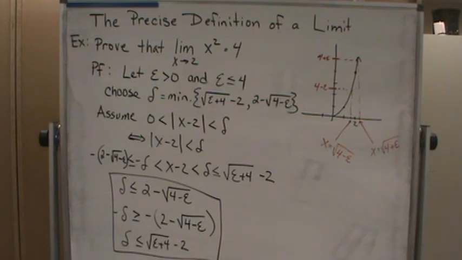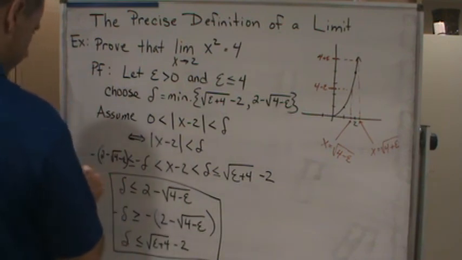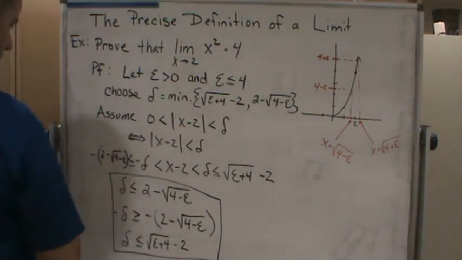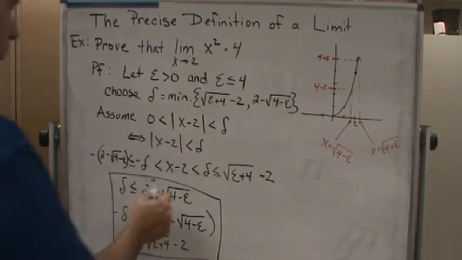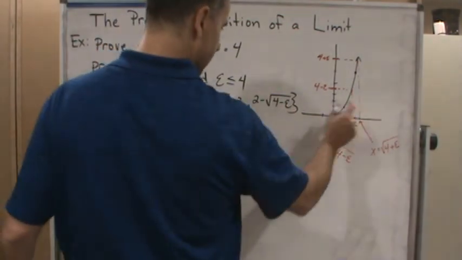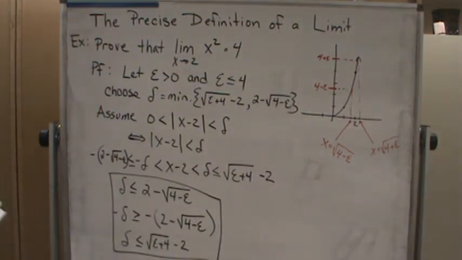Okay, so let me just repeat that. So 2 minus the square root of 4 minus x, or excuse me, 4 minus theta, right here, represents the distance on the left. And then this one here represents the distance on the right. And so we want it to be in between those two distances.